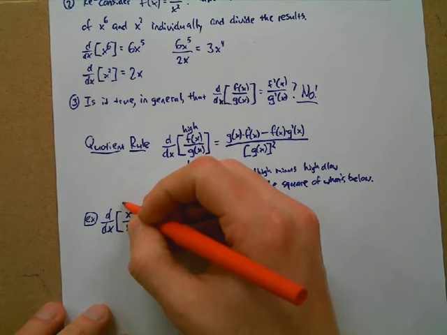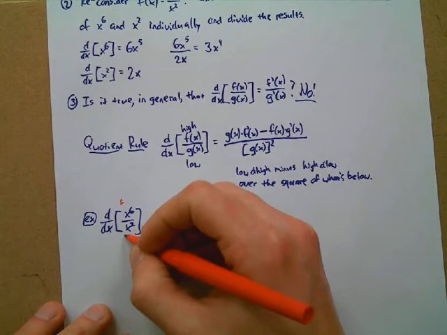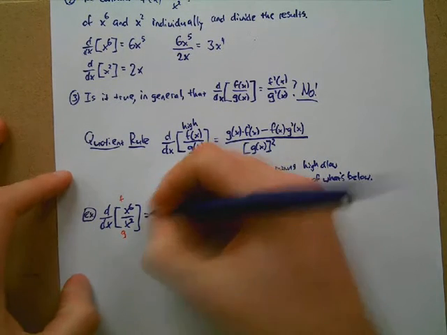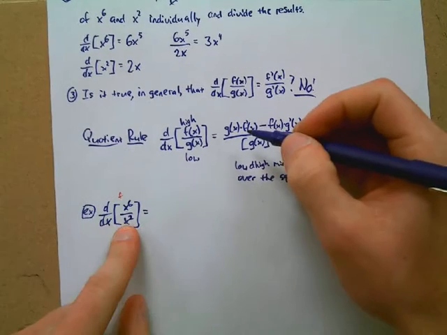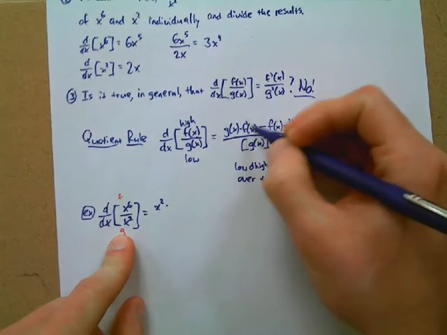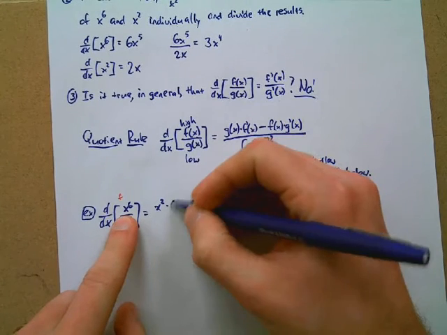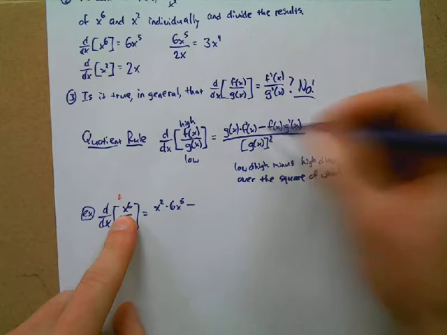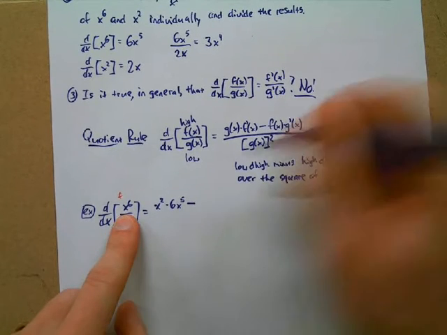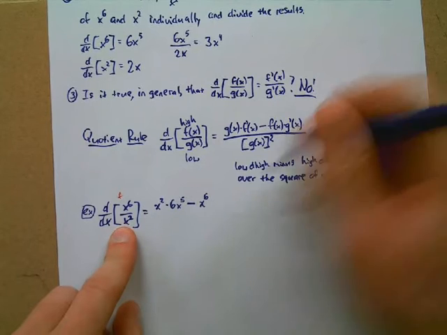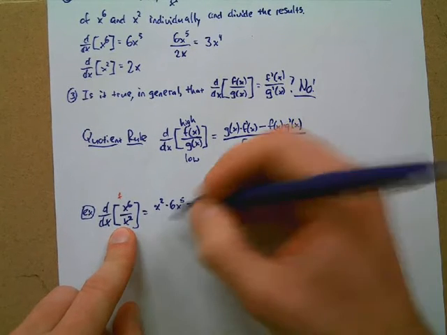And so then, to fill in our blanks here, the derivative of f over g is going to be g, so the x squared, times f prime. So the derivative of f will be 6x to the 5th, minus f, which is the top function there, x to the 6th, times the derivative of the bottom, so the derivative of x squared is 2x, all over g squared, so the x squared squared.